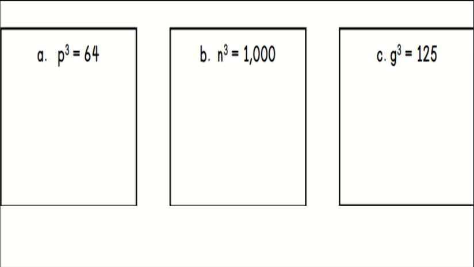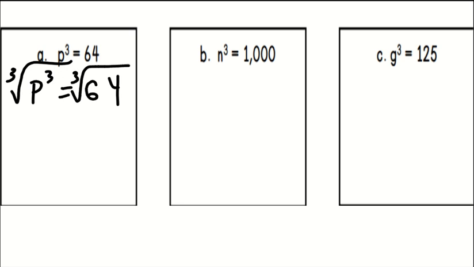If we have p to the third power or whatever variable to the third power, we solve by doing the opposite, by doing the inverse operation, right? Y'all remember with the exponents of 2 yesterday, we took the square root, right? So if we got an exponent of 3, we're taking a cube root. If we take the cube root on one side, we got to take it on the other.